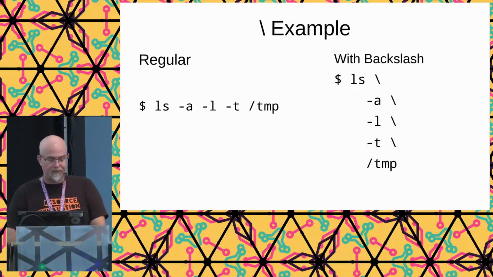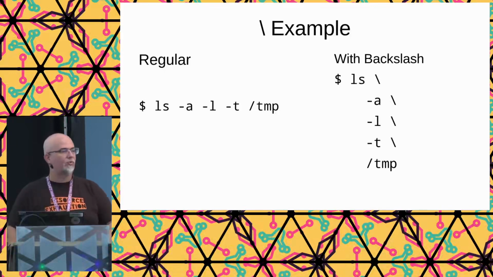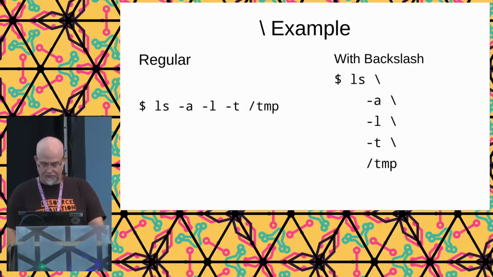To give you an example, the command ls -a -l -t /tmp could also be written as ls, new line, -a, new line, etc. The multi-line notation is just more readable on slides. You can just compress it into one line once you execute them.